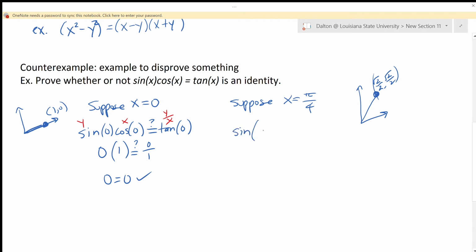So the sine of pi over 4 times the cosine of pi over 4. I want to know, is that equal to the tangent of pi over 4? Again, we find the sine by using the y value, which at this coordinate is square root of 2 over 2. Cosine is found by the x value, which is also square root of 2 over 2. And what is the slope of that?